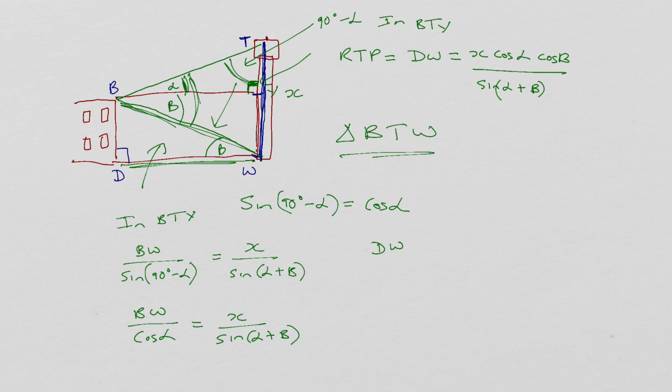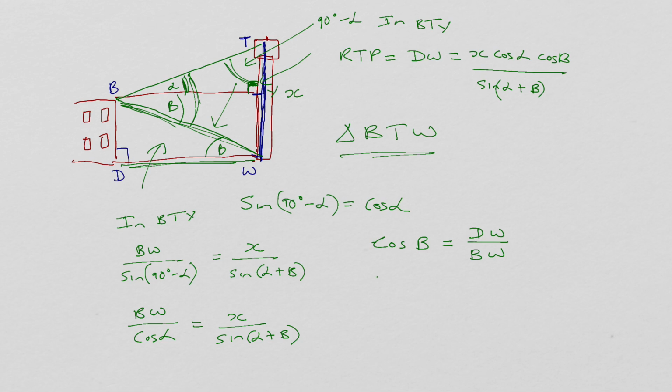We want DW, and we've got B. So I'm just going to go cosine B. So I'm just going to say cosine B is equal to adjacent side, which is DW, over hypotenuse, which is BW. I think that's going to be easier than doing it the way that it's shown inside the answers.